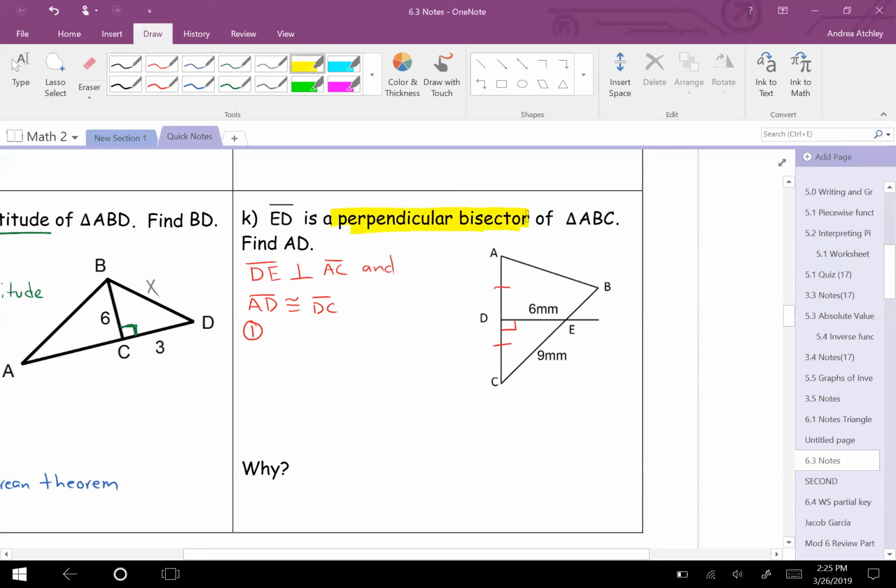Definition of perpendicular bisector. I'm going to abbreviate perpendicular bisector. That's what that means.